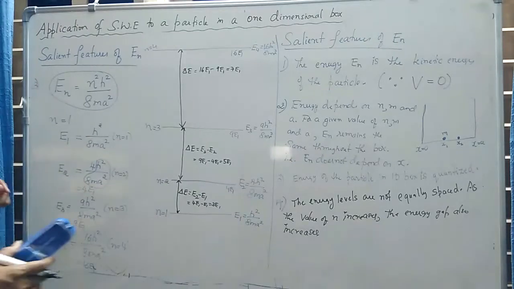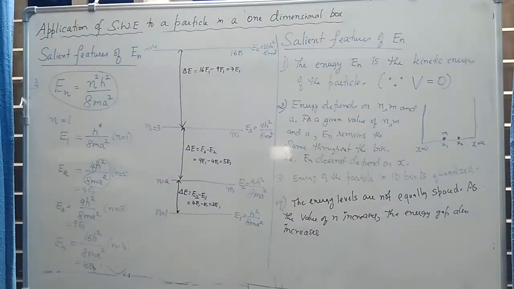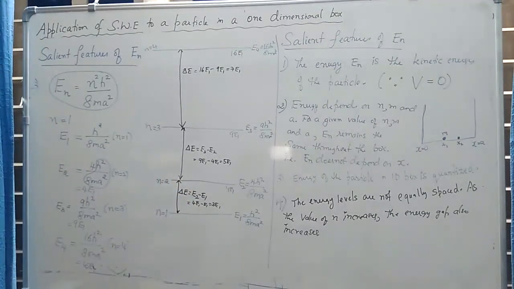Let me make one more important observation. What is the lowest energy the particle can have? According to our classical idea, that is classical physics, the lowest energy the particle has is 0.